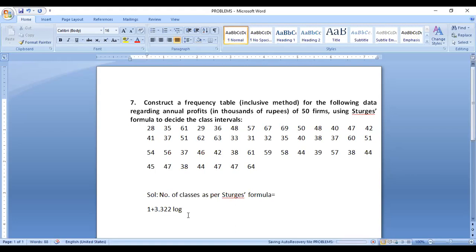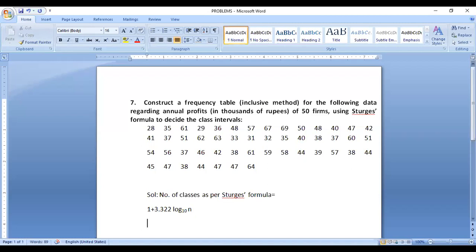Sturges formula is equal to 1 plus 3.322 log 10, log 10 you have to write as subscript, and log 10 n is the formula.